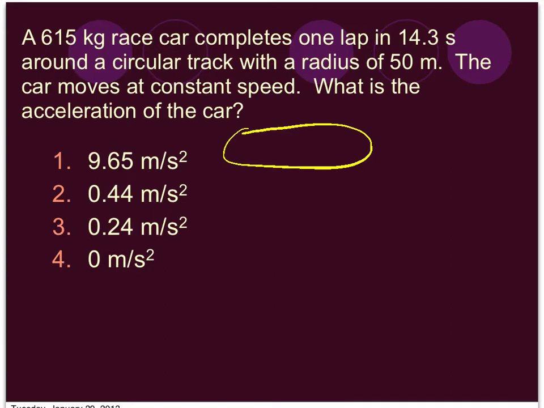All right, so the equation that we're going to use is a = v²/r. We know our r value, it's given to us as 50 meters, but we don't know the velocity, so we have to calculate that first. As the car goes around this circular track, the distance it's traveling is the circumference of that circle.